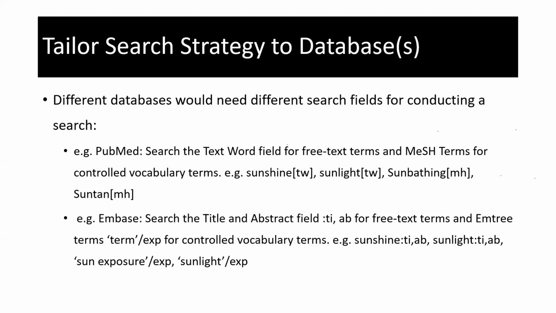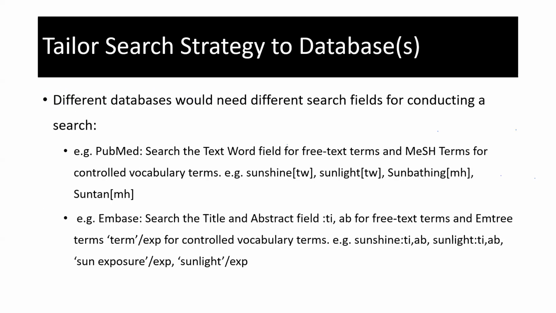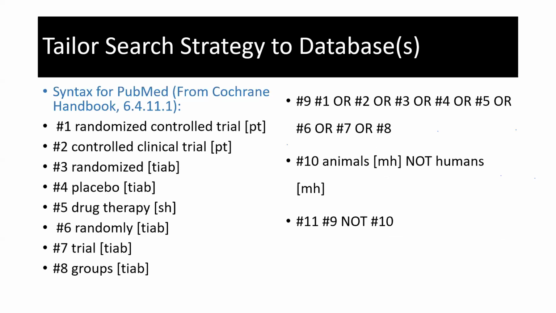For Embase, for instance, they have .ti,ab for the free text terms, and terms like term/exp for controlled vocabulary, like sunshine.ti,ab, sunlight.ti,ab, sun exposure/exp. So these are specific to Embase. Use the same terms, but you have to end up with their required extensions, and likewise for PubMed.